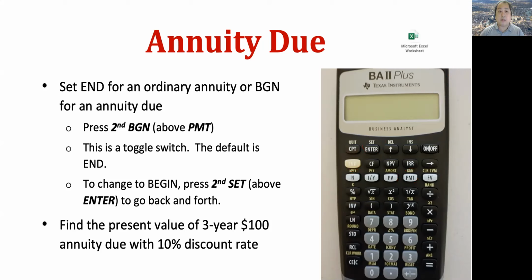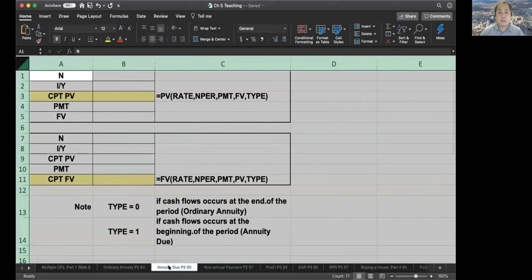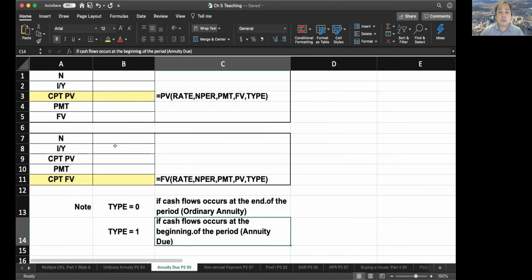You can also use Excel. Just click the Excel icon, and you will have this spreadsheet again. So annuity due one.